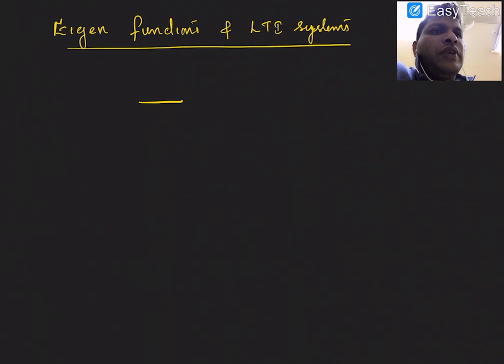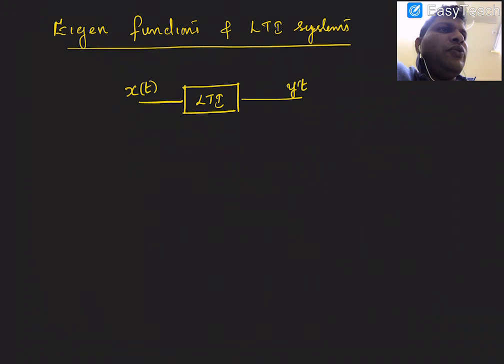Today we will discuss eigenfunctions and linear time invariant systems. Consider a linear time invariant system, that is the LTI system, with the input x of t and the output as y of t. The LTI system is usually represented as h of t.